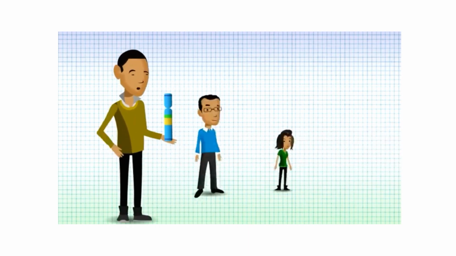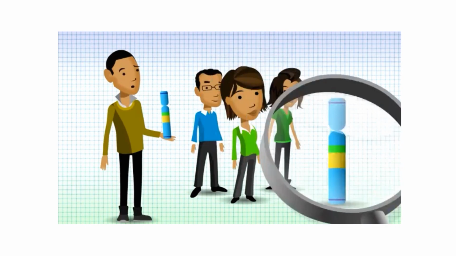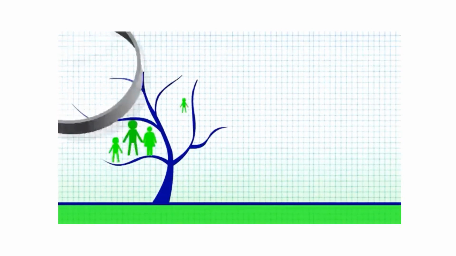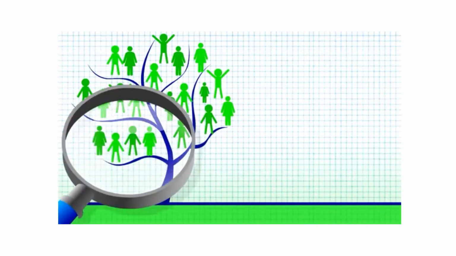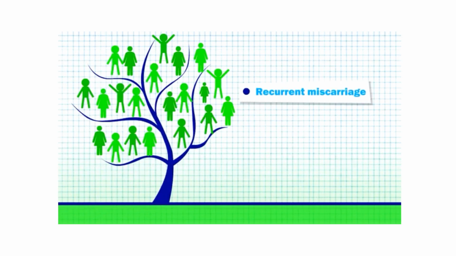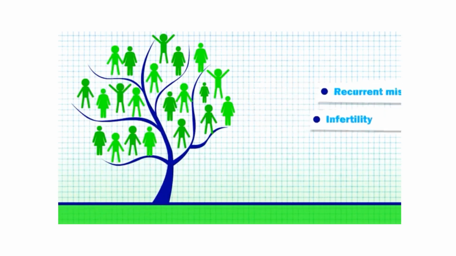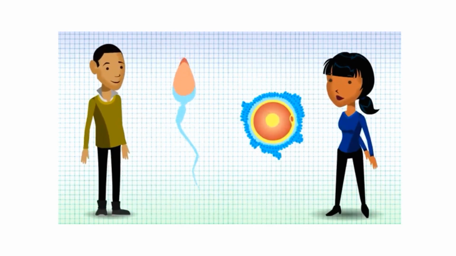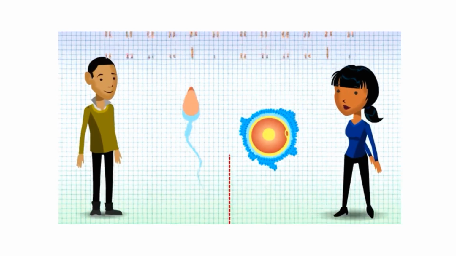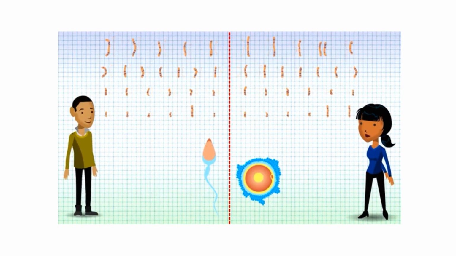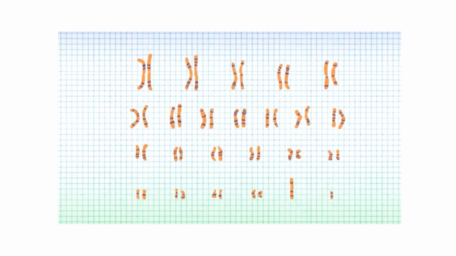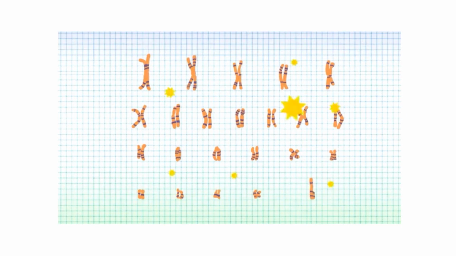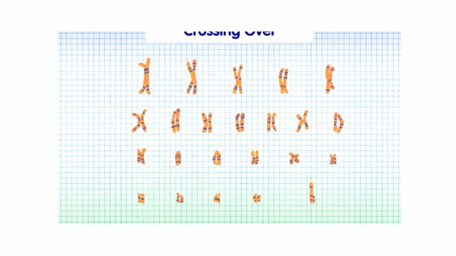Families and family members are identified with paracentric inversions because of investigations following a family history of recurrent miscarriage, infertility. In order to become a parent, you need to make a mature egg or sperm. Each parent only hands on half their chromosomes into the egg or sperm. Normally, each pair of chromosomes come together, exchange genetic material, known as crossing over, and divide.